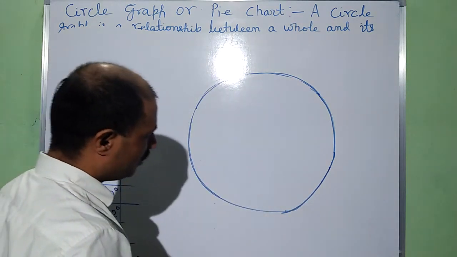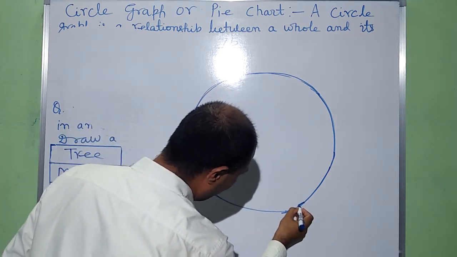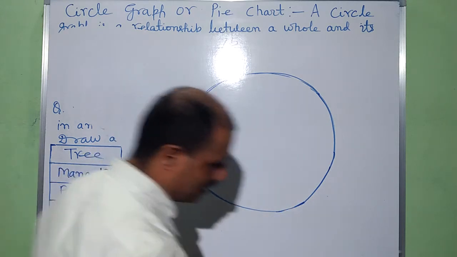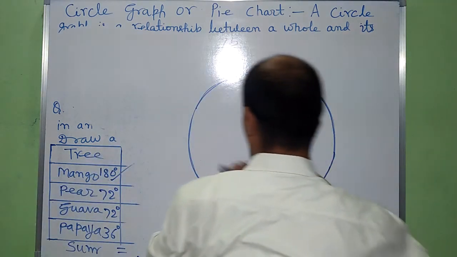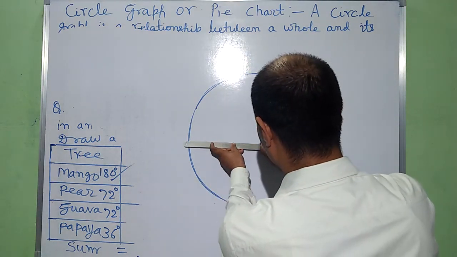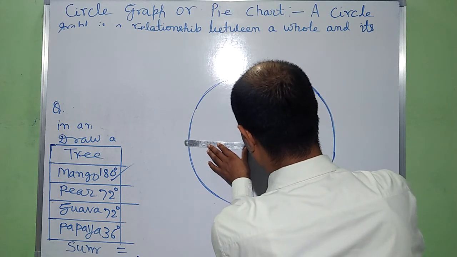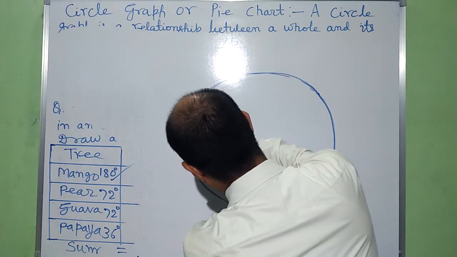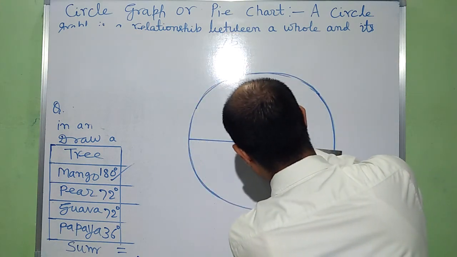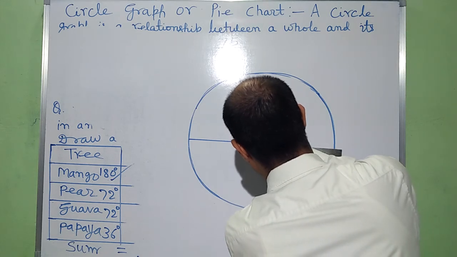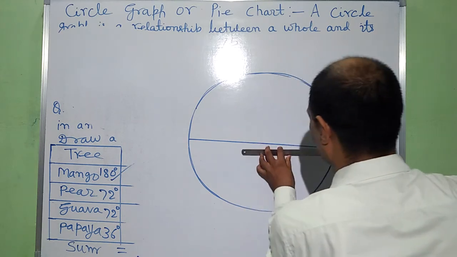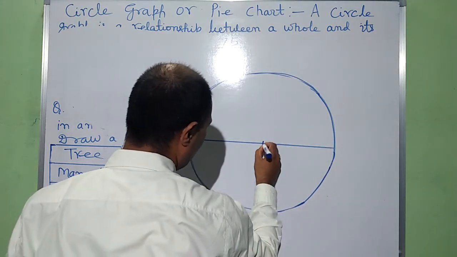To represent 180 degrees, we have to draw a diameter, as a diameter divides a circle into two equal parts. Suppose here will be the center.